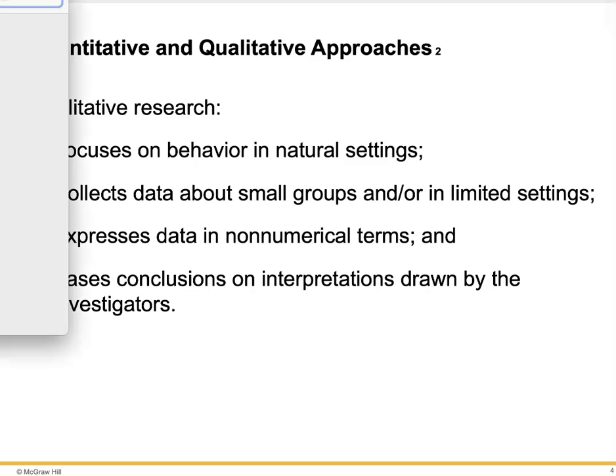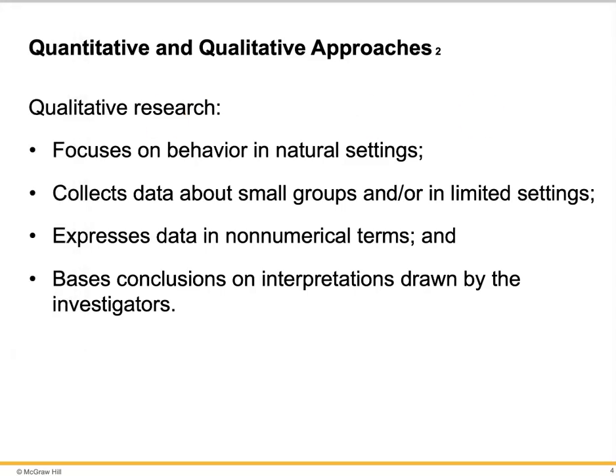It may look at somebody's personal history, and it is basically their lived experience in words. So rather than looking at statistics, although there are some statistics we can run on qualitative research, it typically is expressed in non-numerical terms. And then it bases conclusions on interpretations drawn by the investigators based on the self-report of the participant.